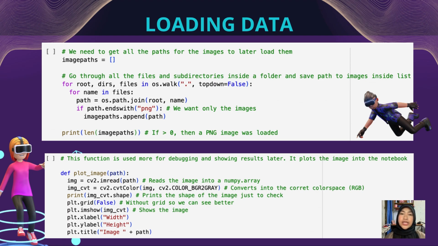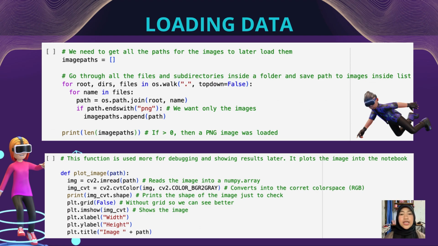Let's move on to the second part, which is a function used mostly for debugging and to show the results later. First, you need to define the plot image function, which takes an image path as an argument. Then we use OpenCV to read an image from the given path into a NumPy array, and it converts the image to the correct color space, which is grayscale.